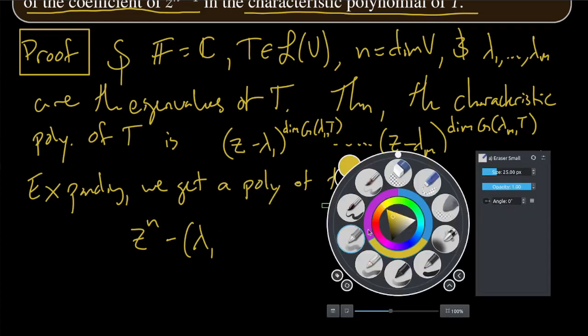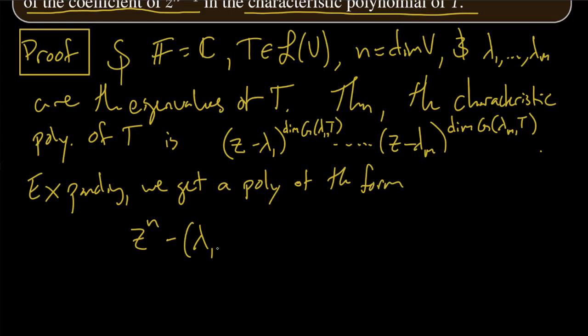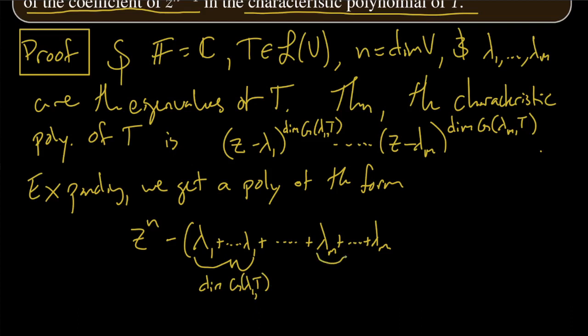So this is lambda_1 plus ... plus lambda_1 plus lambda_2 plus ... plus lambda_2, all the way up to plus lambda_m. Lambda_1 is included dim G(lambda_1, T) times, and so on, all the way down to dim G(lambda_m, T), the dimension of the corresponding generalized eigenspace, that many times, times z^(n-1).